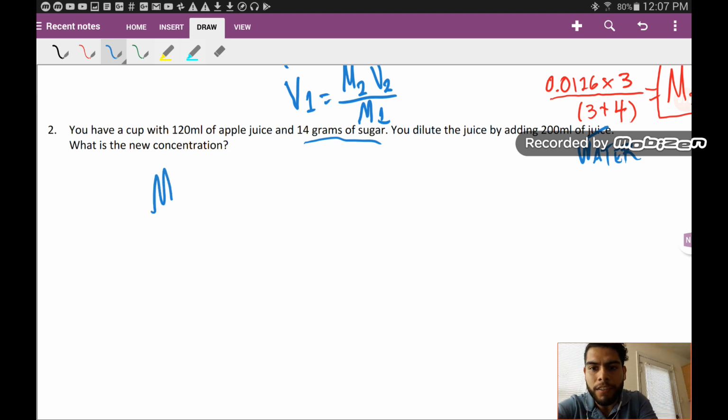So molarity, if you recall, equals moles divided by liters. We have 14 grams of sugar, C6H12O6, and we can convert those grams to moles.